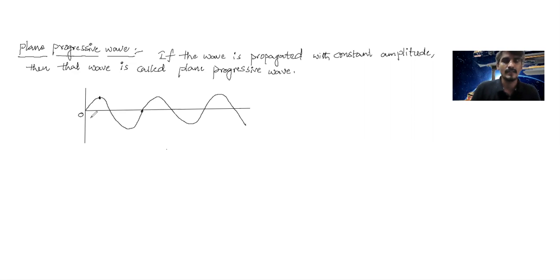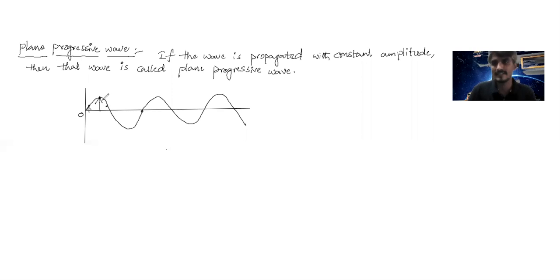Now let us understand, suppose we consider the oscillation of particles here. See how the particles will oscillate while the wave is propagated like this. The particles will oscillate up and down, yes or no? Here if the particle is there, then it will oscillate up.